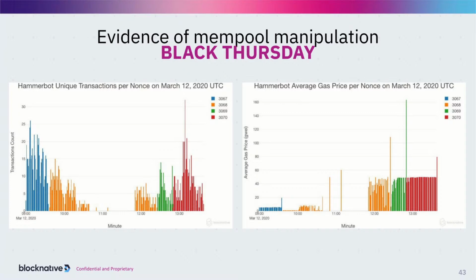So this completely prevented a lot of these keeper bots from participating in the auction, which allowed a lot of these zero bid transactions by these malicious actors to win because nobody can compete against them. And by analyzing the data, we saw that this pattern was basically repeated probabilistically throughout the day, resulting in that $8 million loss.